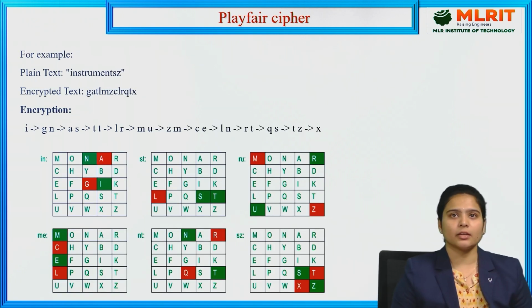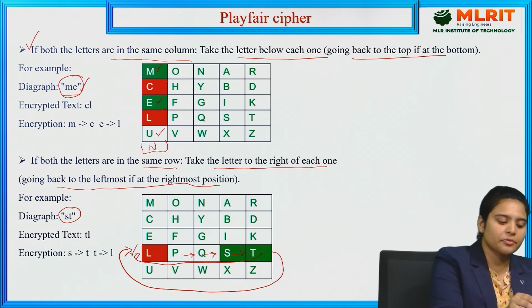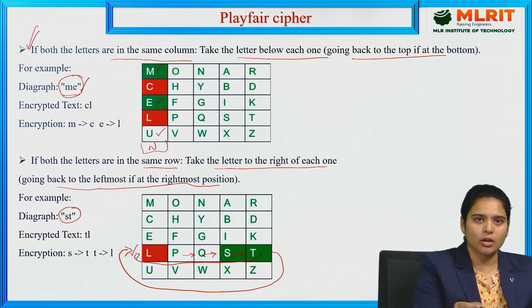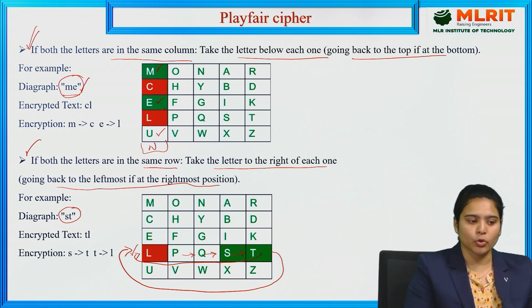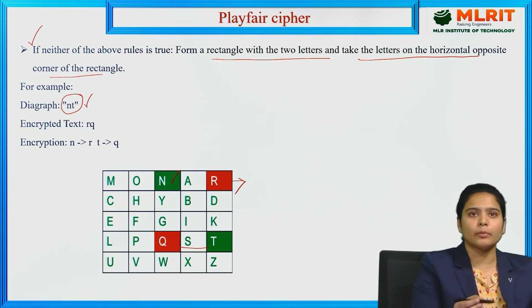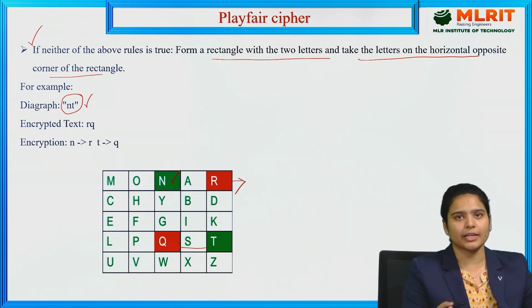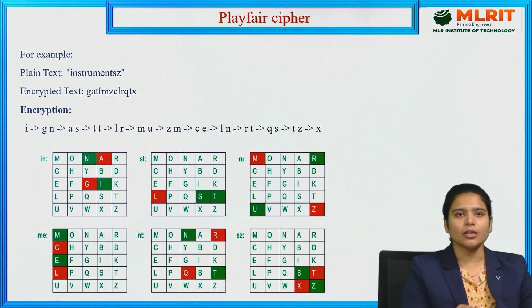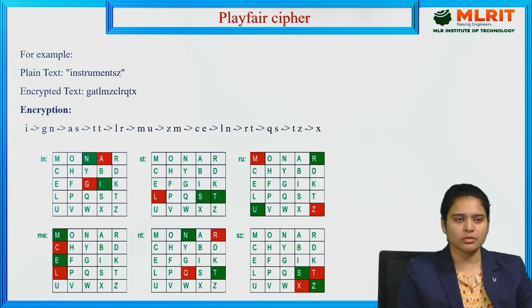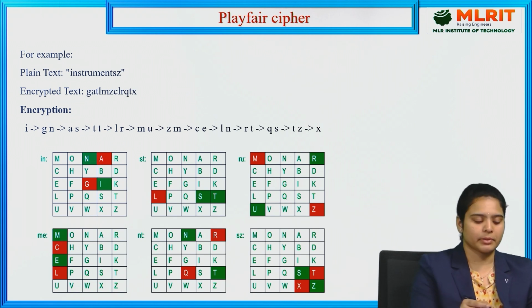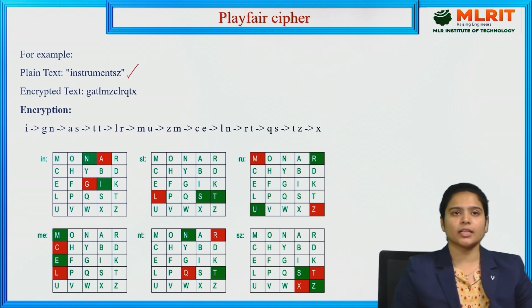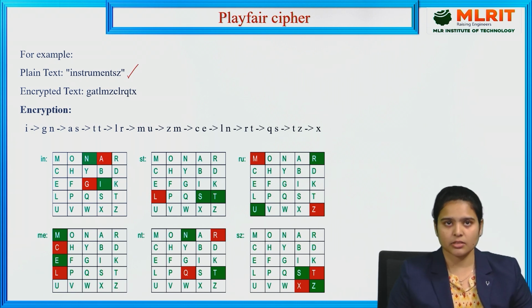Overall, whatever we have discussed in the previous slides: the first rule is the same column, the second is the same row, and the third applies when neither is true. Combining these three rules, we are going to see an example. We take the plain text INSTRUMENTS, with the bogus letter Z added.